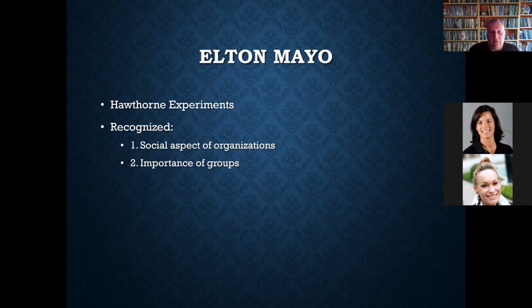So hopefully you can see clearly how the human relations school has really built off of some of the flaws in the classical school to really bring our attention squarely upon the individual human beings within our organization. But we don't stop there with the human relations school.